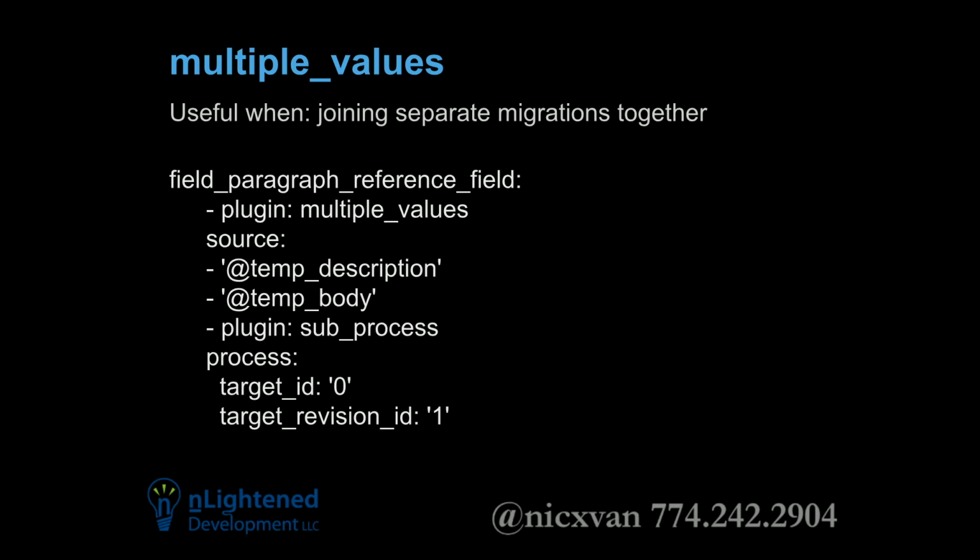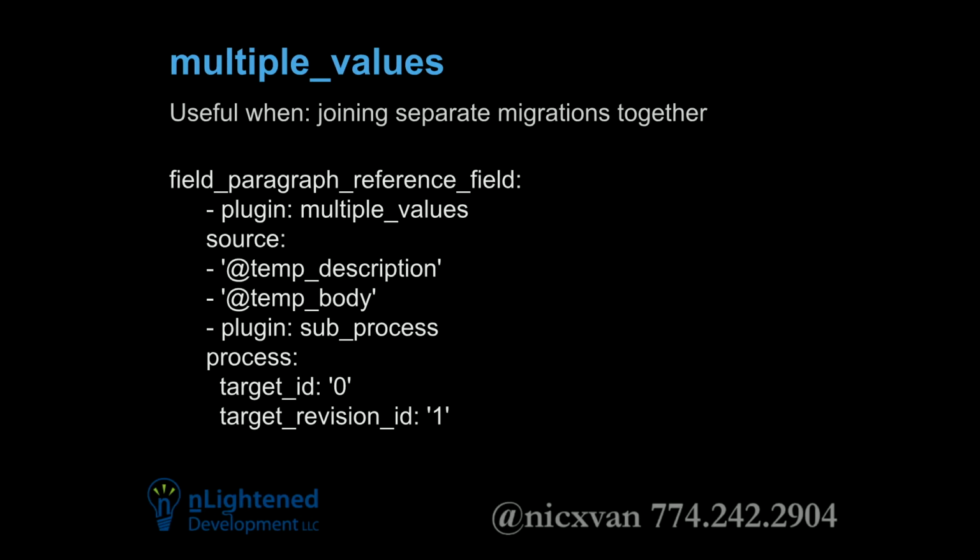And so you would run a migration that would create a paragraph for the description, run a migration that would create a paragraph for the body. Then you would have those 2 variables to do that lookup to find the IDs for them. And then this multiple values thing joins those 2 together. And then the subprocess one we just saw then pulls out the target ID and revision ID from those.